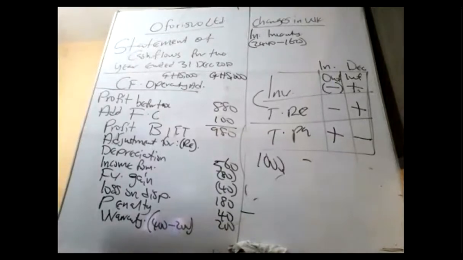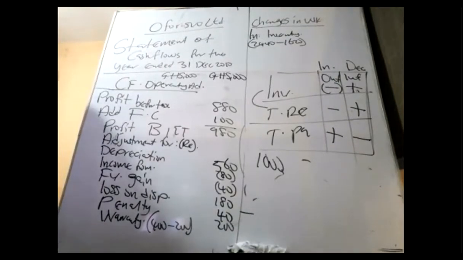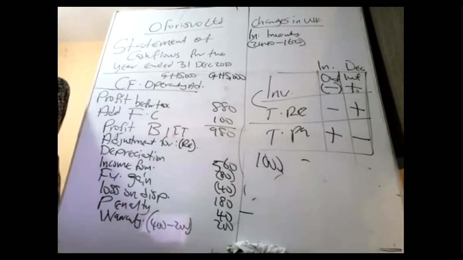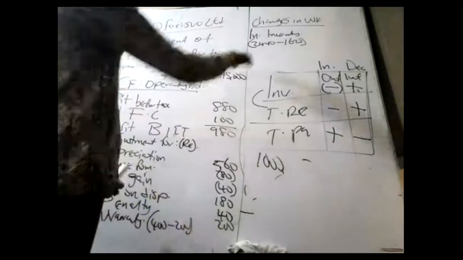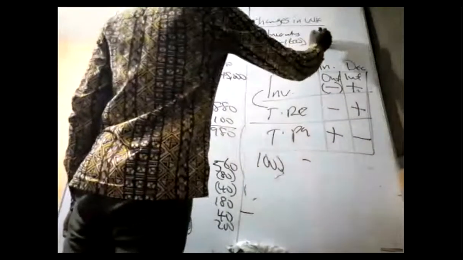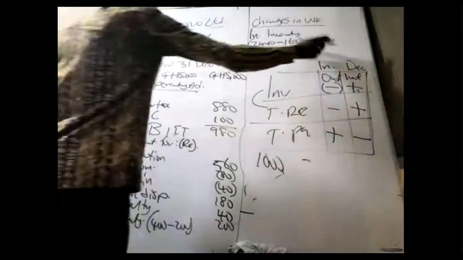Okay, friends online, what do you get after performing the calculation? 2,440 less 1,620. 820. Now it has increased. If they just write the figure, don't make any decision whether it's inflow or outflow.